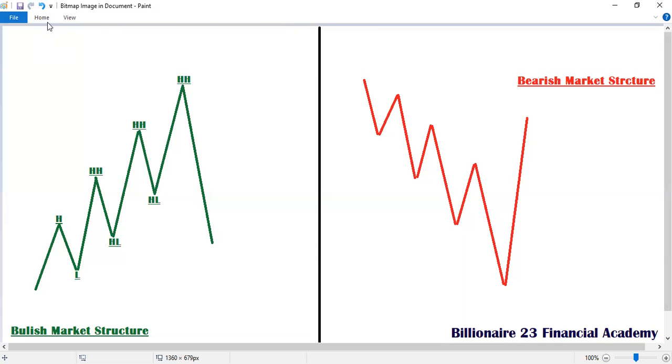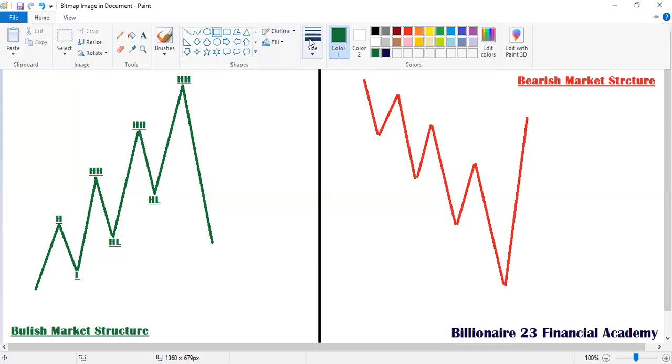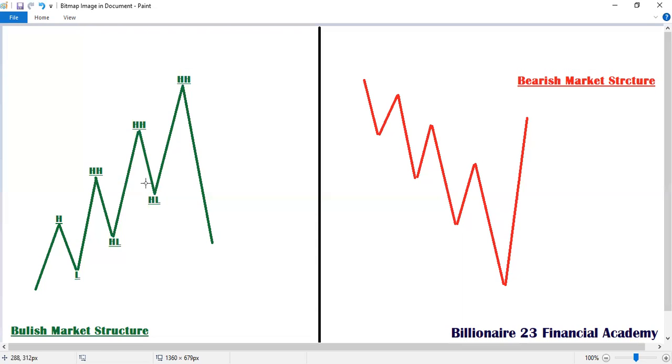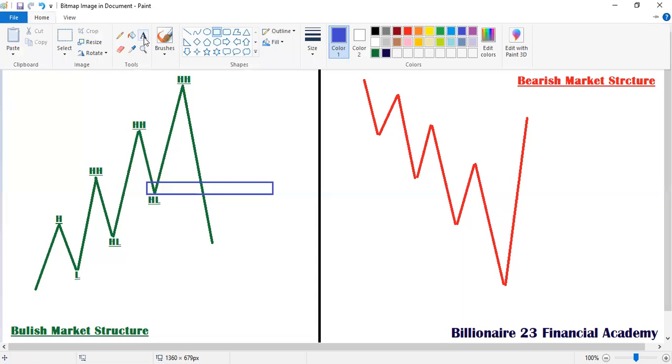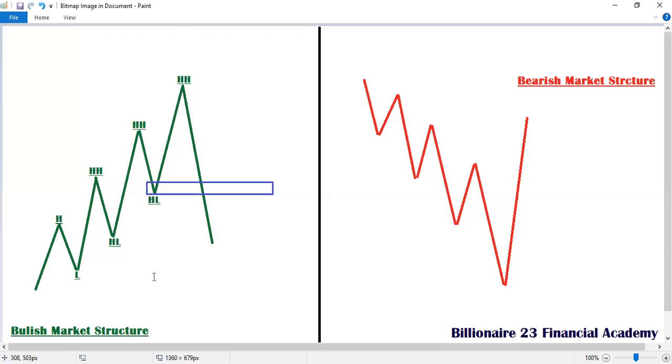Until we have, hold up, I just want to change the color. Let's make it blue. Until we have this situation here, when a higher low gets intercepted, that signals the potential end of the uptrend. Let me just type this in here.